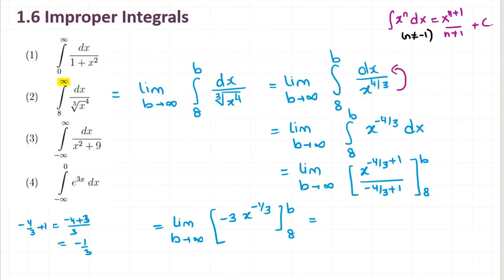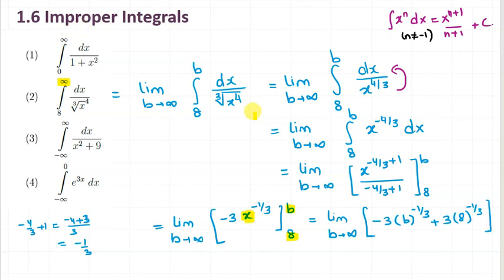Now substitute x, replacing it one time by b and then by a. We will get limit b goes to infinity, minus 3 b to the power minus 1 by 3, plus 3 times 8 to the power minus 1 by 3.